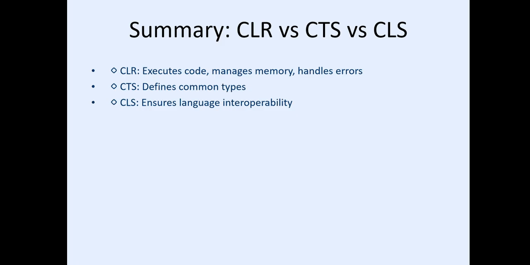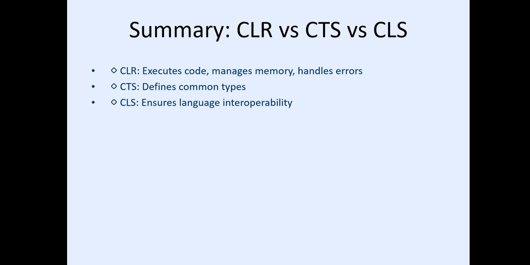That means it runs the code and manages memory and errors. CTS defines common data types and ensures type safety. CLS is a set of rules to make code compatible and accessible across .NET.